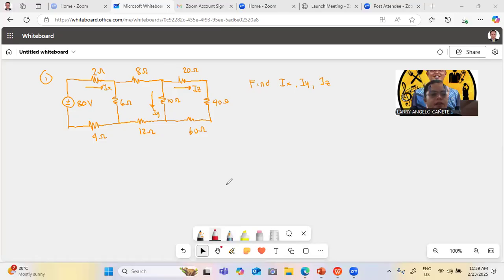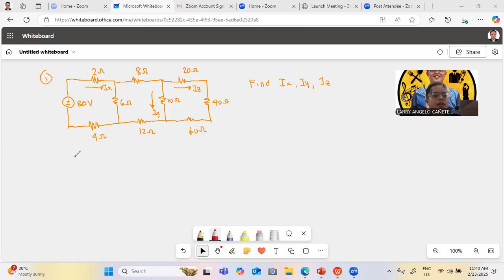So, the first thing to do guys is i-level natin saan ba dito yung mesh 1, mesh 2, or yung mesh 3. So, halimbawa, ito yung mesh 1 mo.